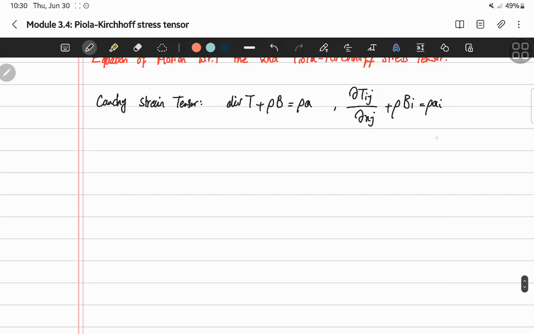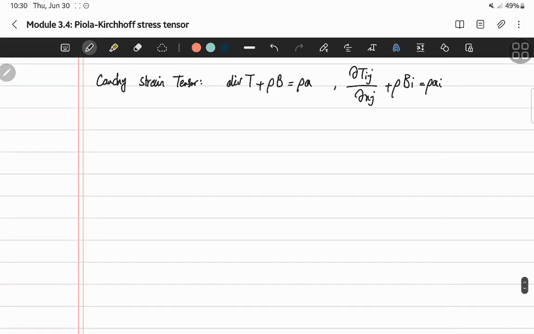So let's write this equation based on the first Piola-Kirchhoff stress tensor. We have to first find this Tij, the partial derivative of this with respect to xj, and we're going to replace this Tij, the Cauchy stress tensor, with its equivalent first Piola-Kirchhoff stress tensor.